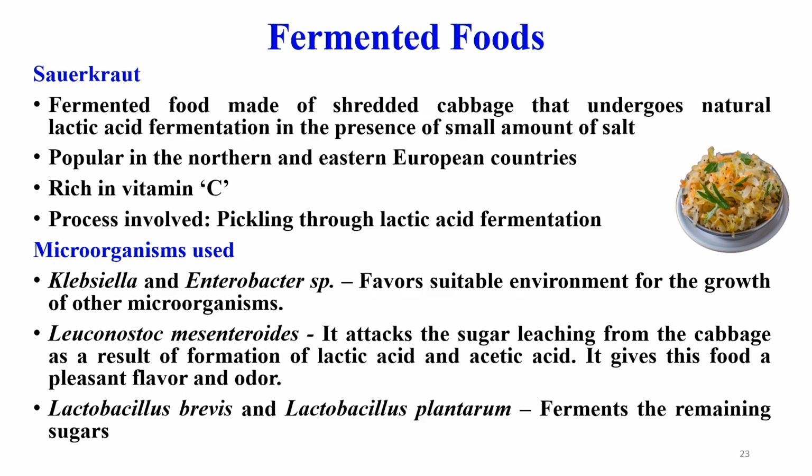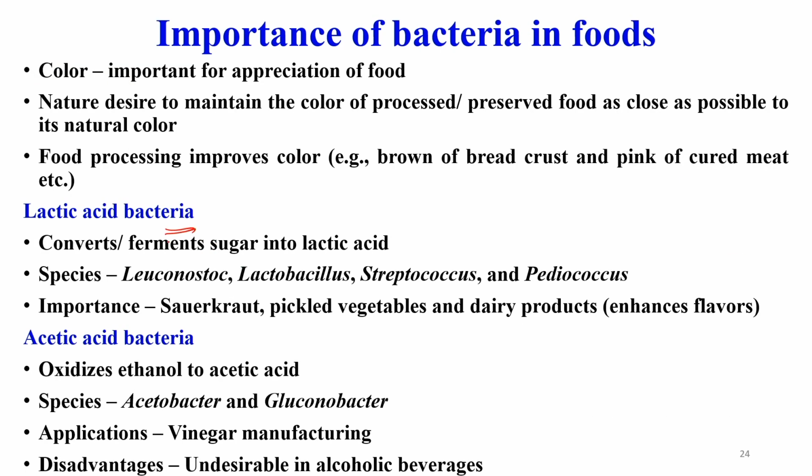This is available in our daily household things. The most common is the yogurt. So, we use Lactobacillus species to form yogurt from the milk. The most common bacteria applied in fermented food is the lactic acid bacteria.